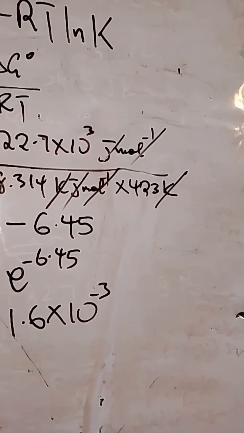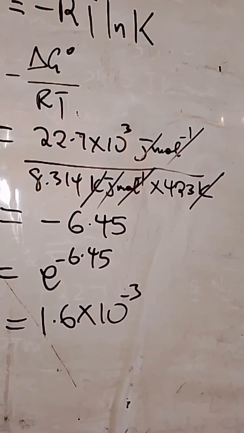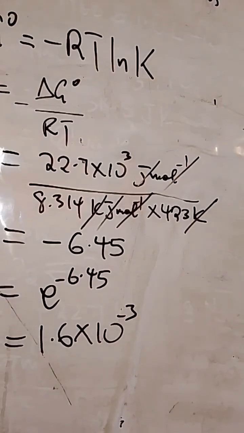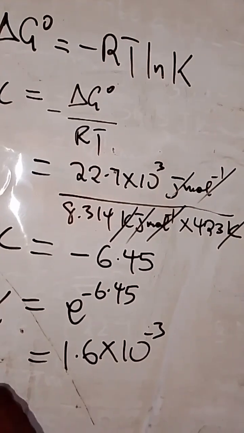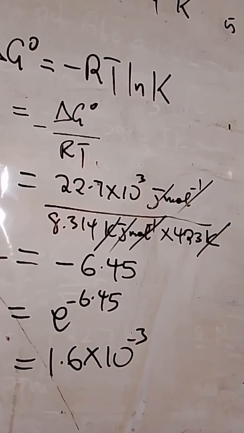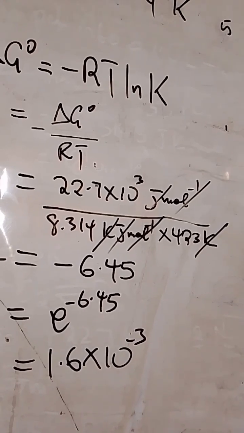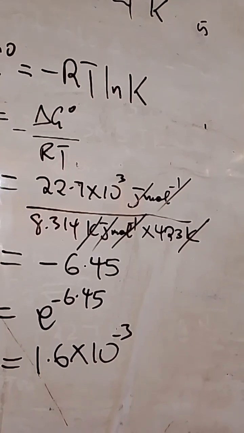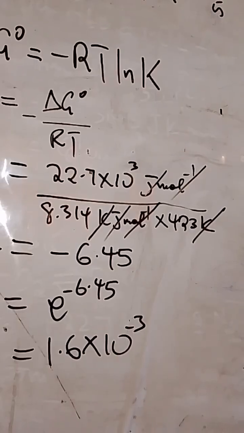If delta G is less than 0, then K is greater than 1, and products are favored over reactants at equilibrium. In this case K is less than 1. Then if delta G is greater than 0, then K is less than 1.